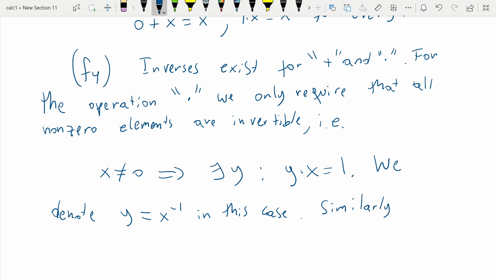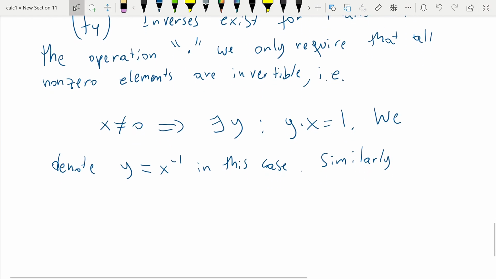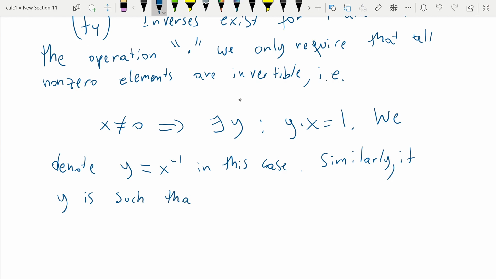Similarly, if y is such that y plus x is equal to 0, we denote y minus x. And this is just notation, and I mean we use this notation because that's where we are used to.